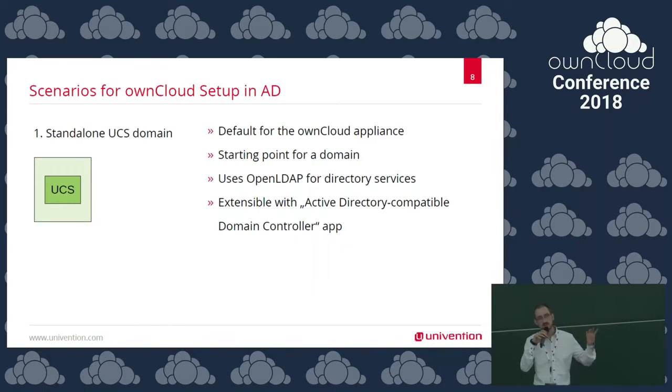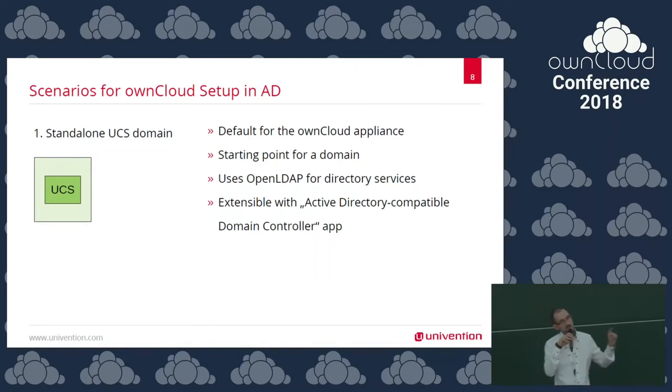This system is then the first one, and you can add other Univention Corporate Server systems to this appliance. For the directory service, OpenLDAP is used, and Owncloud integrates with this OpenLDAP service and uses the identities here.